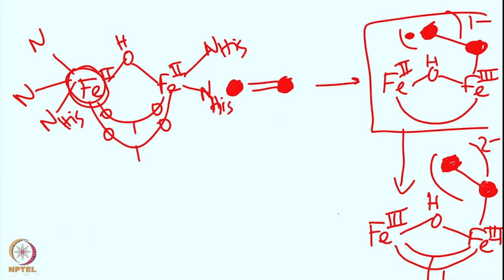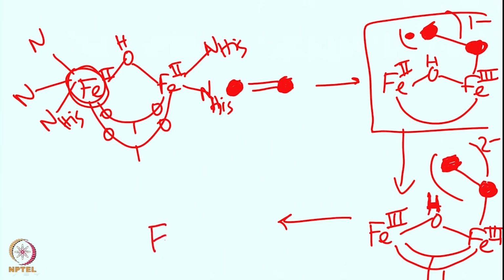This iron 3 peroxo species subsequently can be protonated, as you have seen over there. So, this is going to be a proton transfer. So, proton coupled electron transfer, perhaps in this step; not even this intermediate will you be seeing.